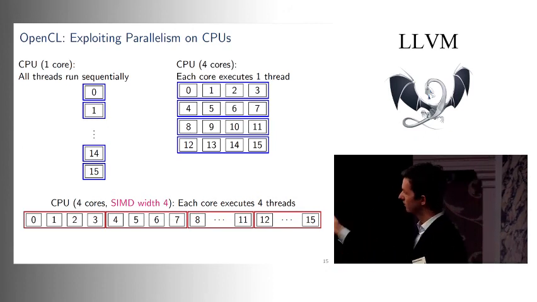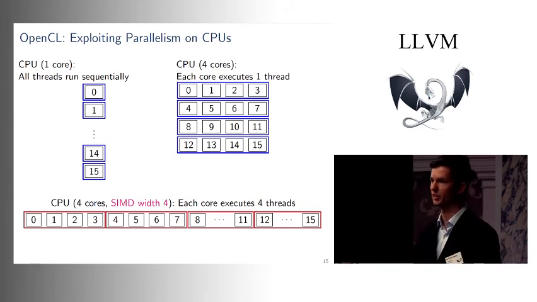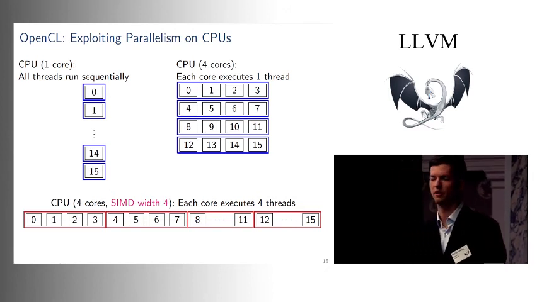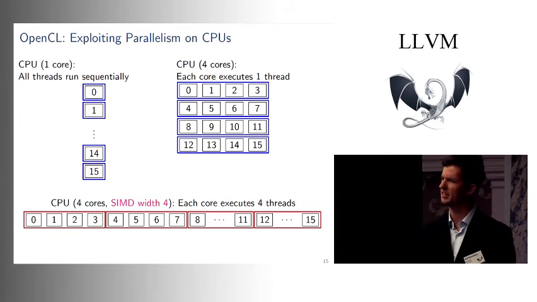And that means if we have a SIMD width of 4 and 4 cores, we can execute 16 threads at once. Those of you who have seen the talk on WFVOpenCL last year at the US conference on the Intel OpenCL SDK, they are using a very similar technique, so that might be familiar to you.